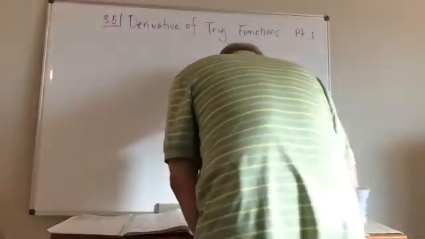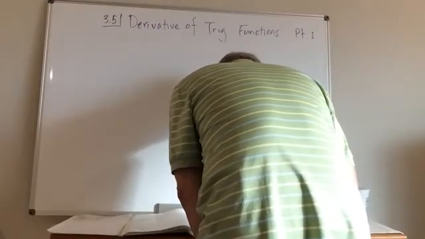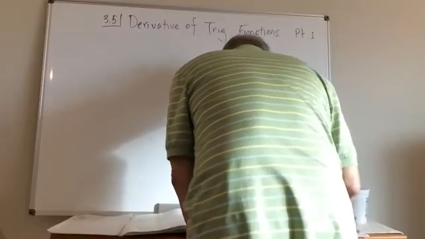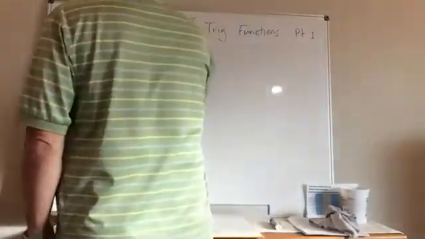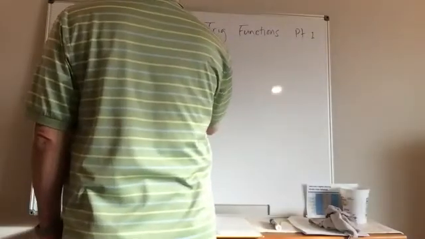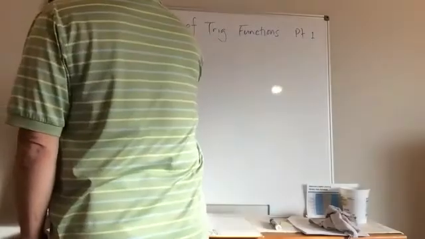Let's go to example number 2. In example number 2, it says, what is the velocity and acceleration at time t? Okay, so I have s is equal to 5 cosine t. This is example 2.